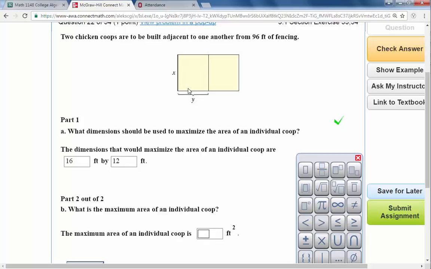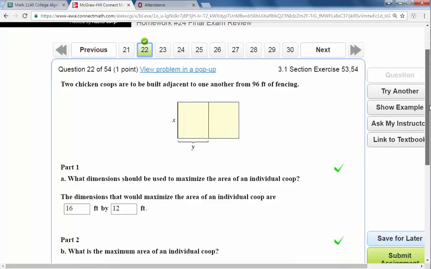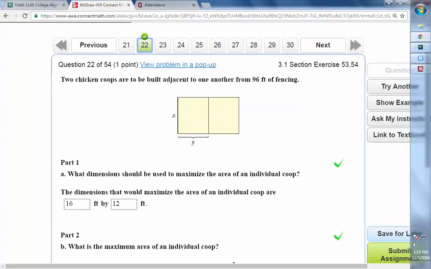What is half of 384? 162. No, 192. Okay. All right. That's taken care of.